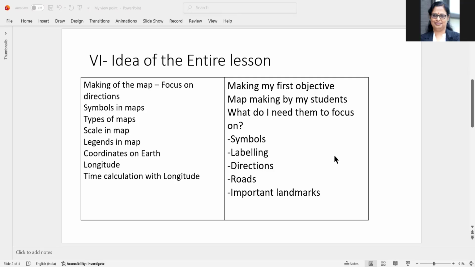Hi viewers, now that we have done up to the coordinates of Earth and the types of maps, it's time that we start thinking about what is the next topic that we have to cover. In order to plan, remember we have covered making of the map, covering all these tables, okay?